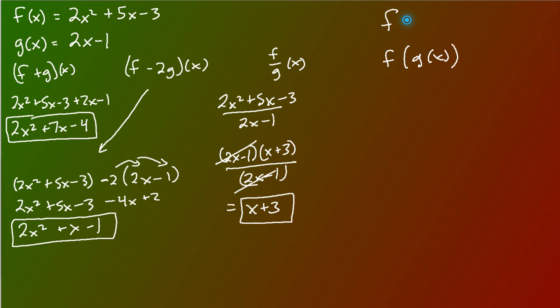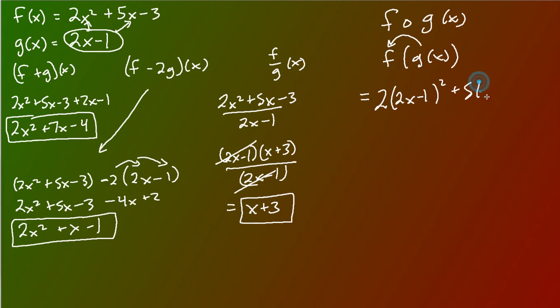Now I could write it like this. These mean the same thing. And I'm putting g into f. So all of this, g of x, goes into every place that there's an x. So this equals 2 parentheses 2x minus 1 squared plus 5 times 2x minus 1 minus 3.